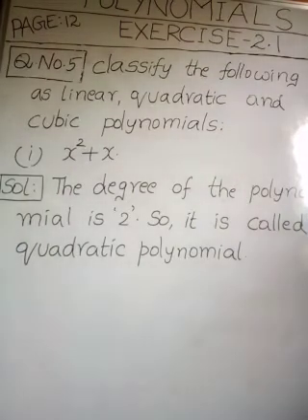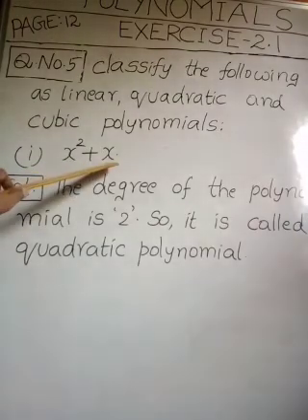If the degree is 2, it is called a quadratic polynomial. And if the degree is 3, it is called a cubic polynomial. Okay, my dear children. Now come to this question.